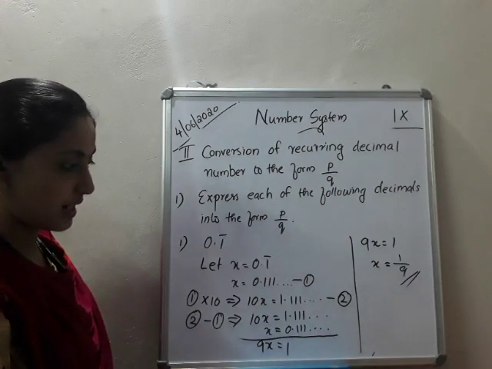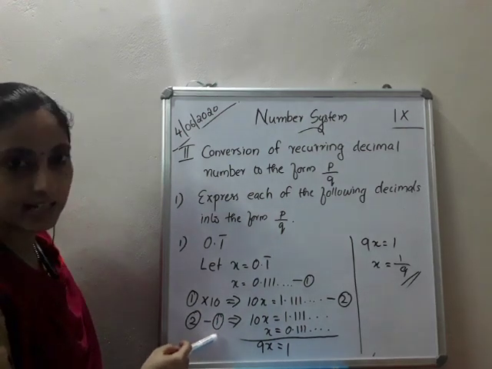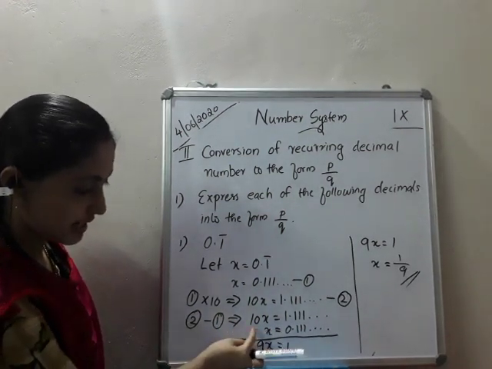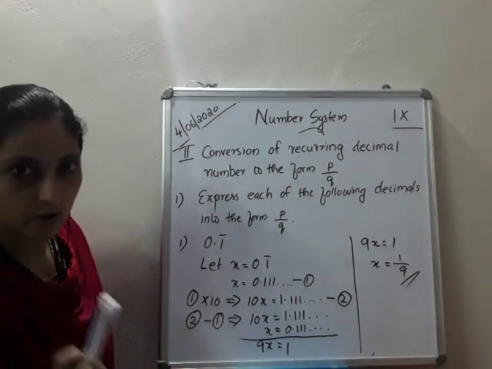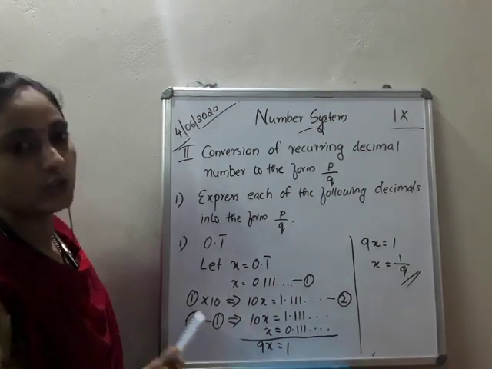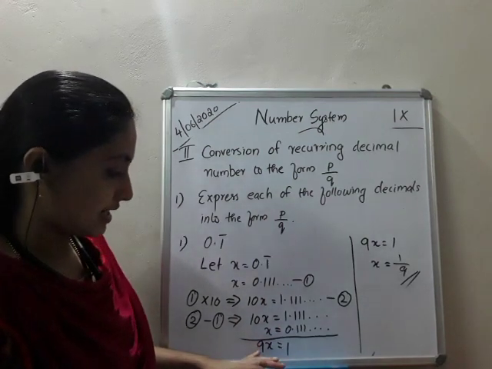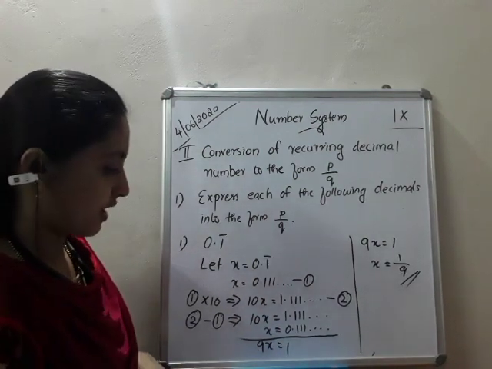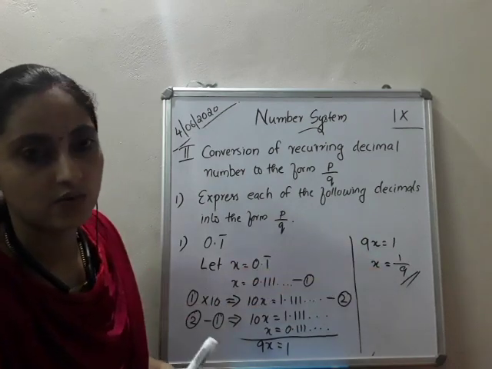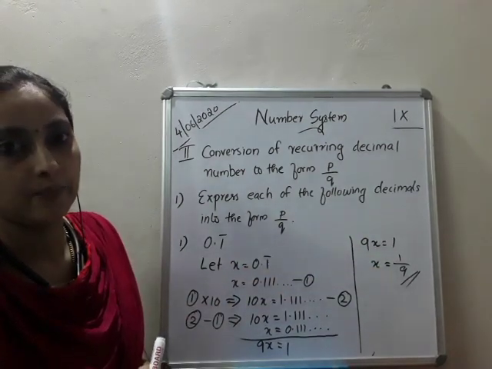Then subtract 1 from 2: 10x is equal to 1.111 etc. minus x is equal to 0.111 etc. So you got 9x is equal to 1, and from that x is equal to 1 by 9.